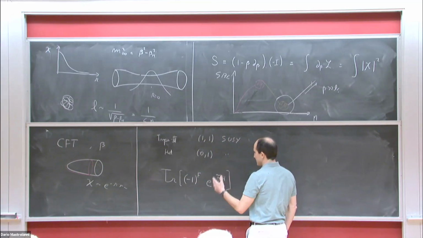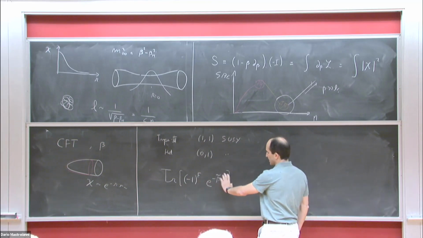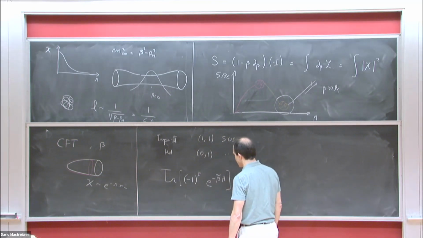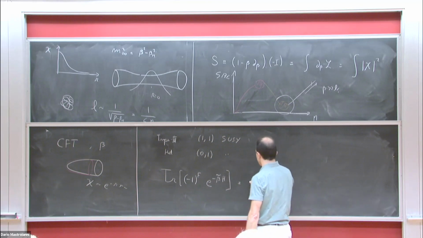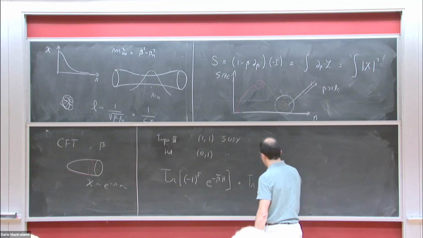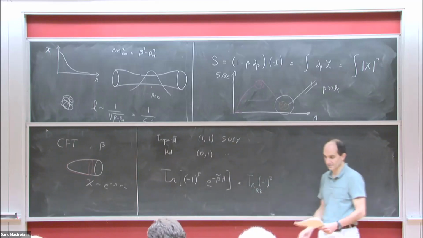Beta tilde is some worldsheet temperature, and has nothing to do with beta. The argument is that this is first of all independent of beta tilde, and you can think of this as taking the trace of (-1)^F over the Ramond ground states of the system.